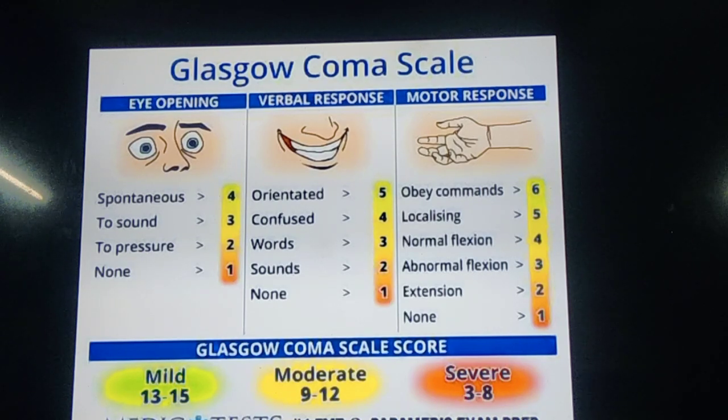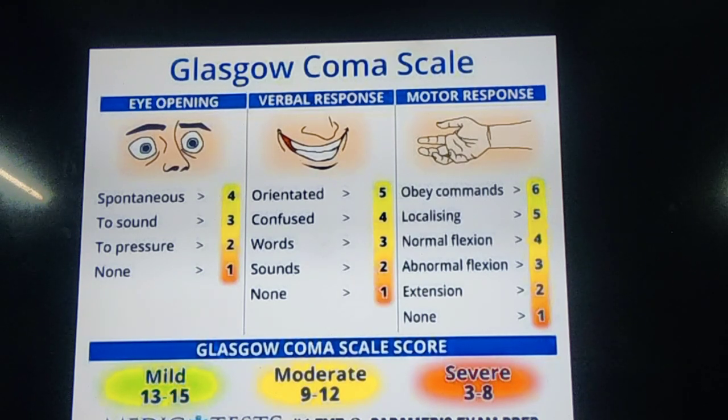Then, it is never 0. 0 means the patient is dead, right? There is no need to assess then. So the minimum score is 3. In the GCS we are not giving the score 0, because though the patient is not responding, the patient is still alive.